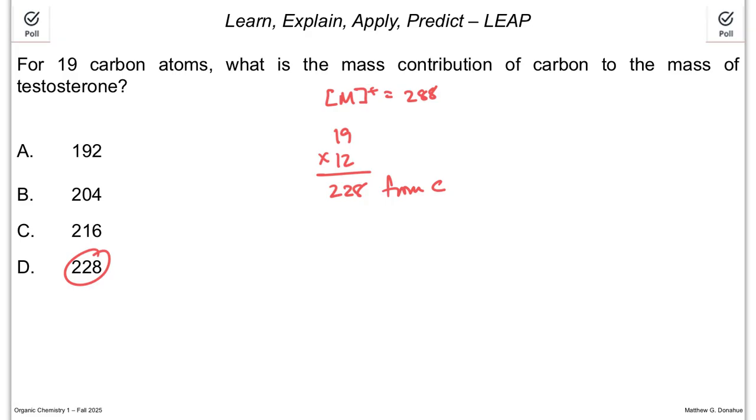So 228 of the 288 is carbon. So everything remaining is going to be hydrogen plus the heteroatom.